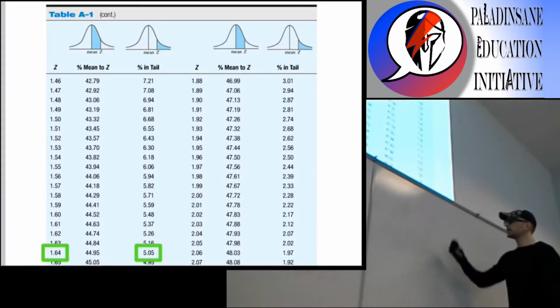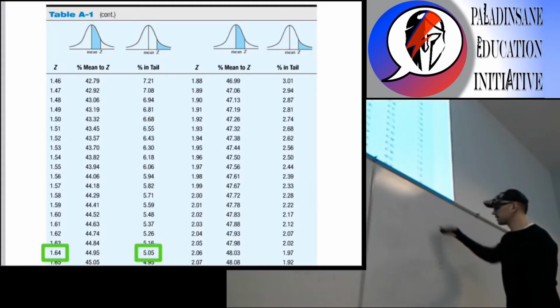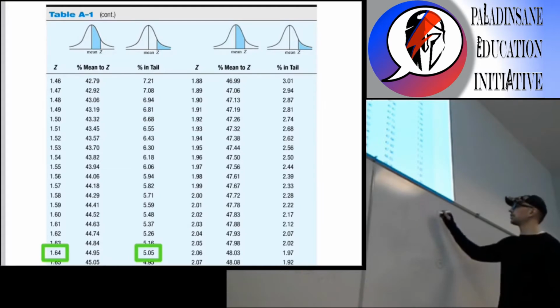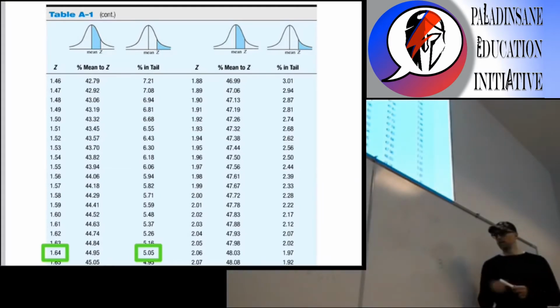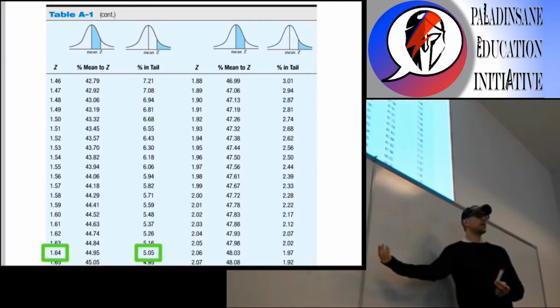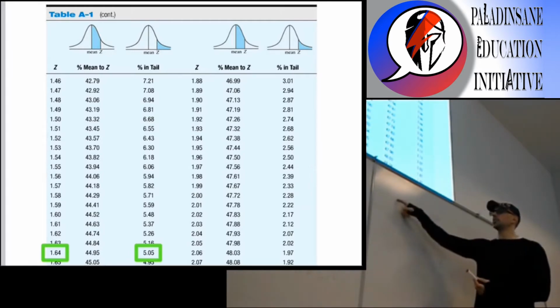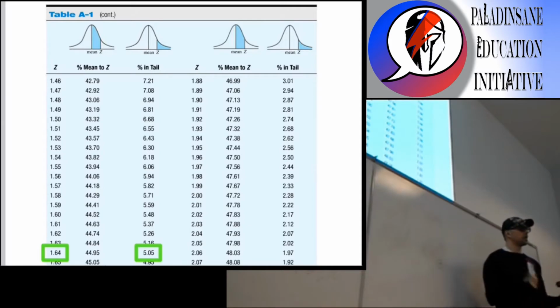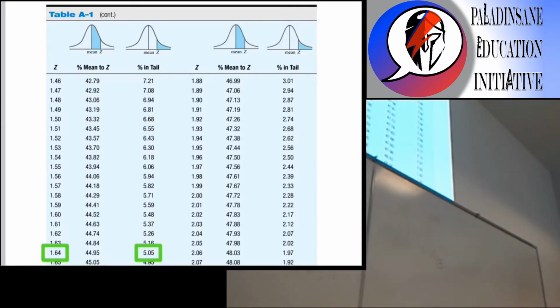So if we were doing a one-tailed test, not 1.96, we're going to put 1.64 instead. And if we were doing a decrease test where we had our tail on this side, we would put minus 1.64 to indicate that we're looking for a decrease. And that is how you do step 3, where you find your lines in the sand.